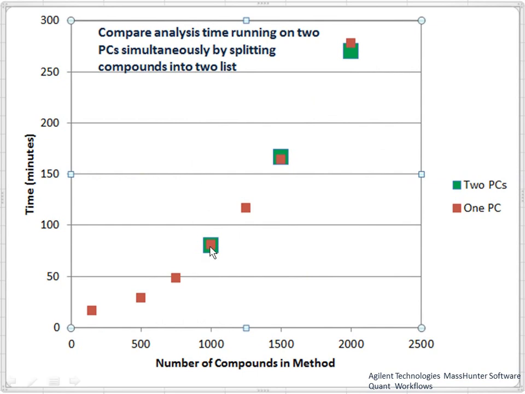You can see there really is very little difference between the finishing time of doing 1,000 compounds on one PC versus 1,000 on one and another 1,000 on two, sharing the data and finishing basically the same time. So let's take an example to see what this would mean. If I had to analyze 2,000 compounds, it would take me over 250 minutes according to this graph with this particular data.